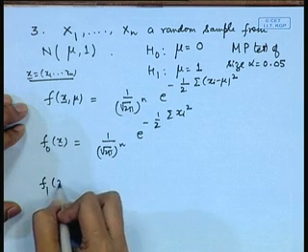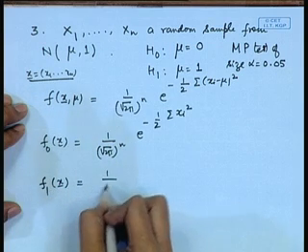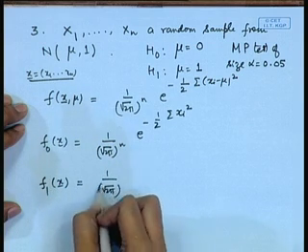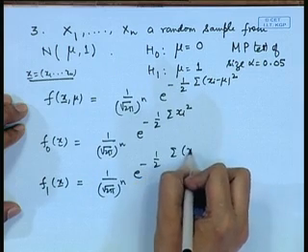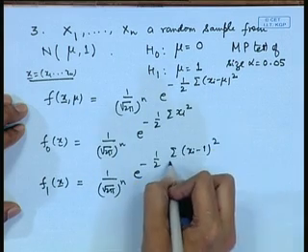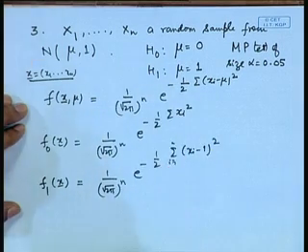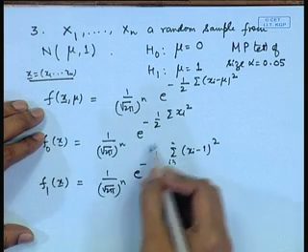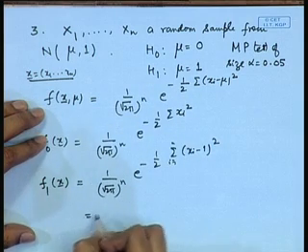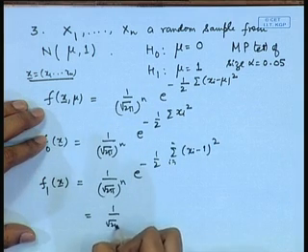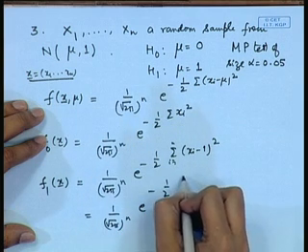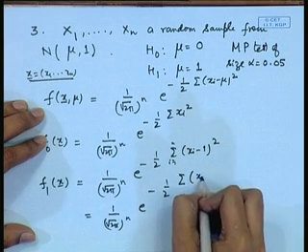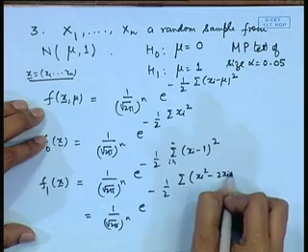In a similar way, f1(x) is equal to (1 by root 2 pi) to the power n, e to the power minus 1 by 2 sigma (xi minus 1) square. Now, this term can be simplified a little bit, we get it as (1 by root 2 pi) to the power n, e to the power minus 1 by 2 sigma (xi square minus twice xi plus 1).